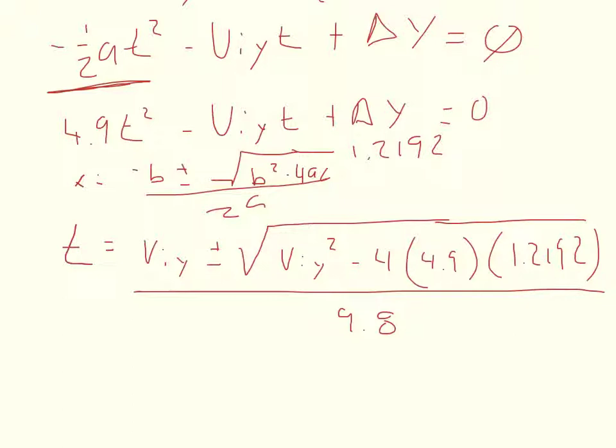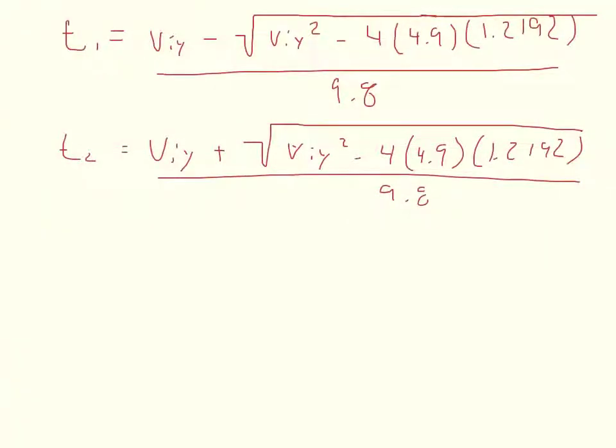And so this shows that we have two possible answers for t, two answers for time, and we're going to call them t1 and t2. t1 is if we were to subtract, and t2 would be if we were to add.